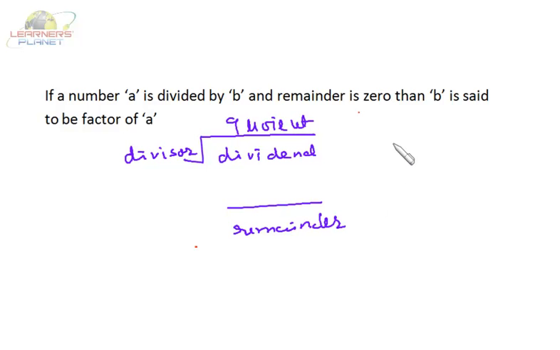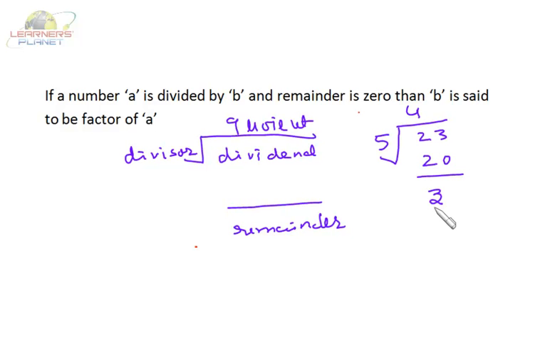Okay, I just take an example once again. Suppose I divide 23 by 5. So 5 4s are 20. I'm getting 3 as a remainder. Okay, so this is divisor, this is quotient, this is dividend, and this is remainder.